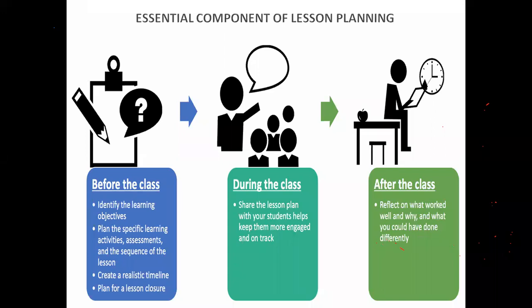After the class, reflect on what worked well and why, and what you could have done differently. This thing is very important. Whenever you are done with your class, think to yourself what you have done well, what you have not done well, and what you should have done so that your class becomes more effective.